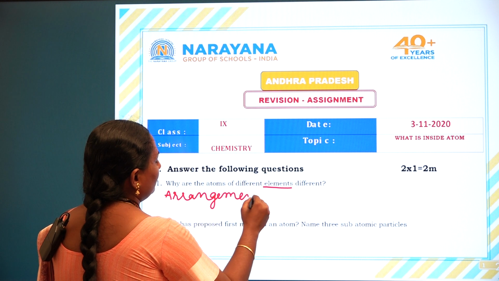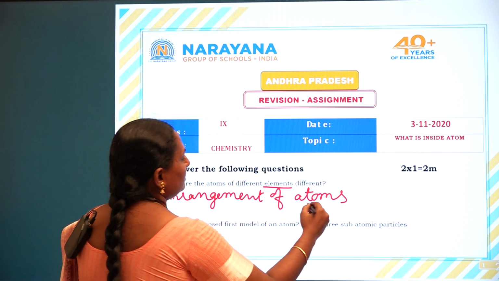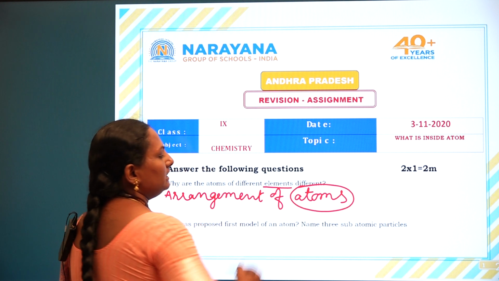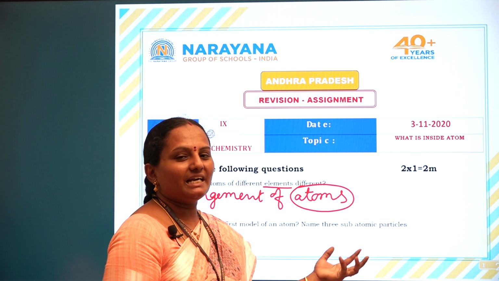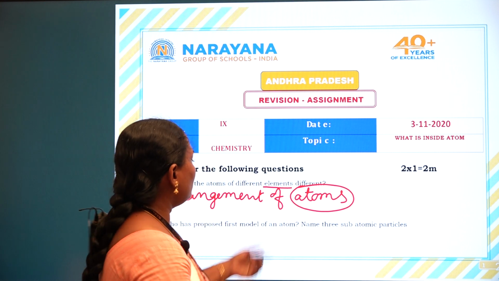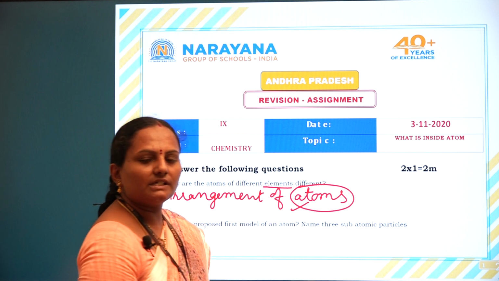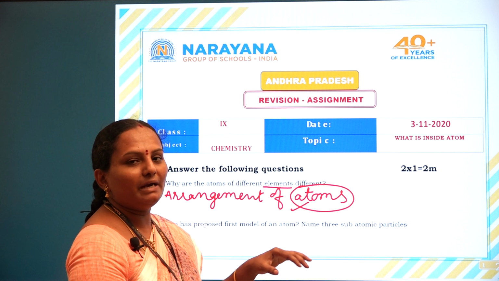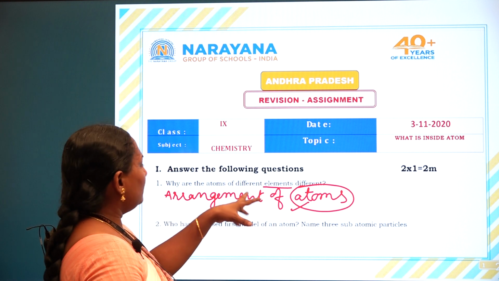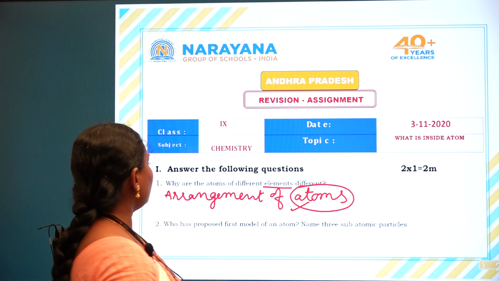The arrangement of atoms depends on their atomic number and the arrangement of fundamental particles. So the arrangement of atoms inside an element makes the atoms of different elements differ.